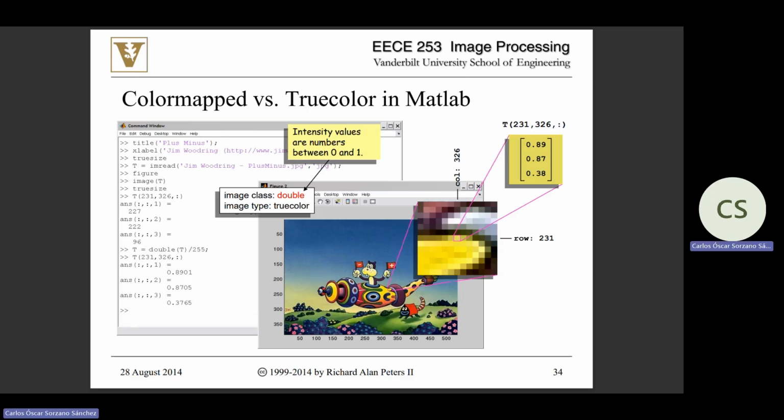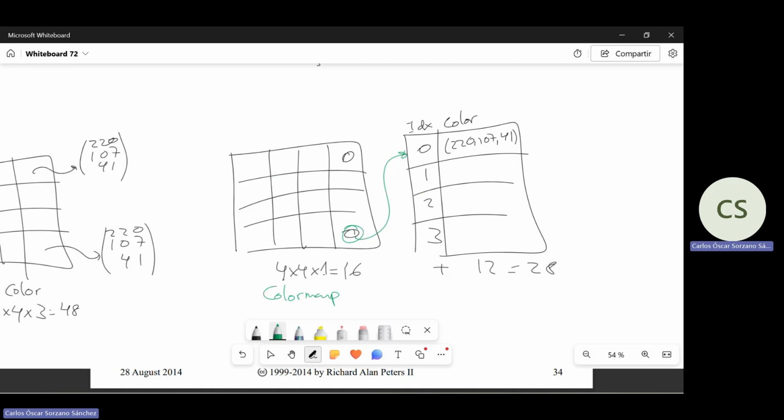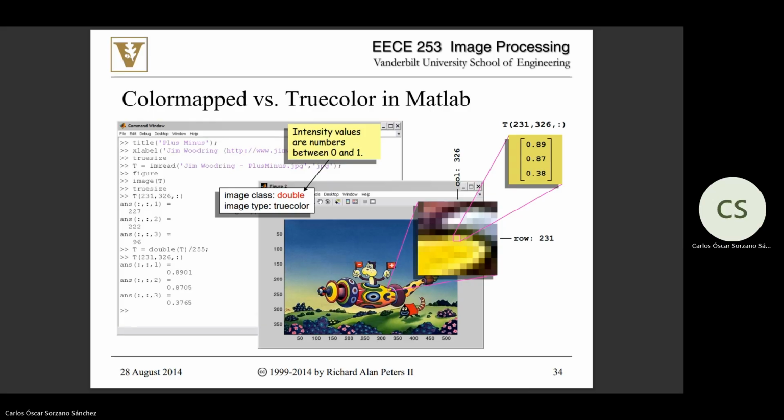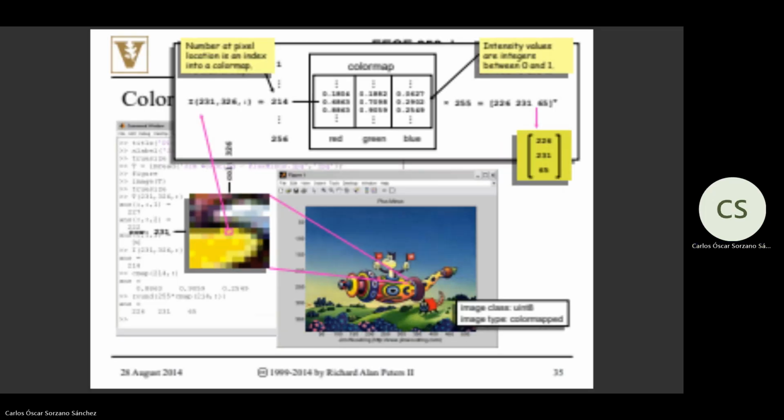Sometimes color maps are normalized, so you divide the color map table by 255. So instead of storing these numbers, you store these numbers divided by 255. So it is a number between 0 and 1. Okay, this is what this one is representing. Fine. Good.